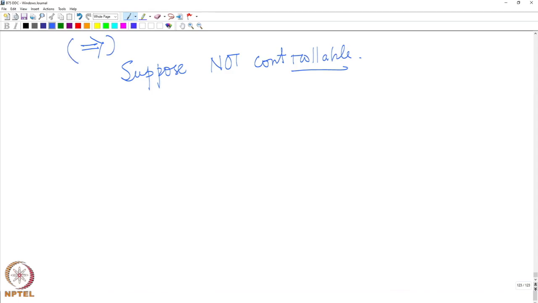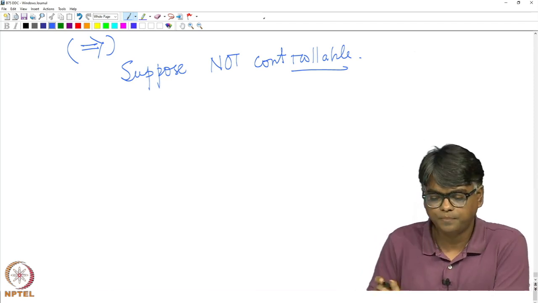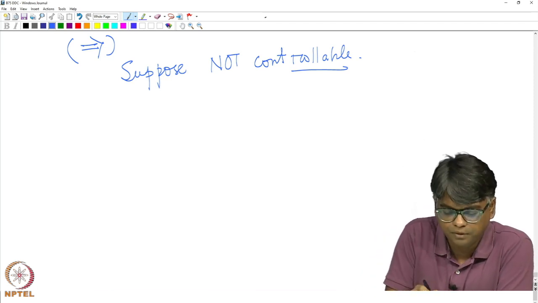This direction is what we are going to prove, but we are proving it the contrapositive way. We are saying that suppose it is not controllable, then we will show that it is not possible to do pole placement. Why is that so? Let us see carefully.